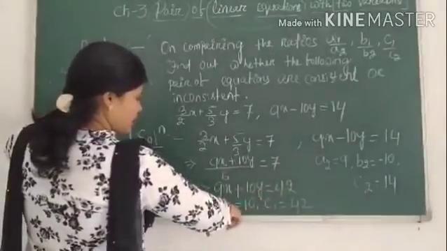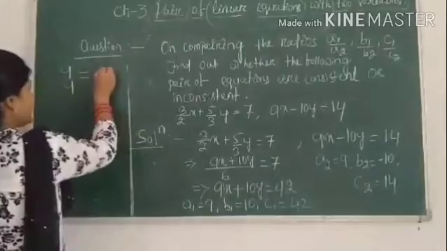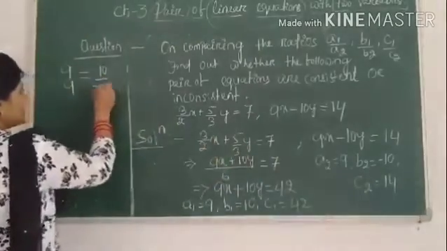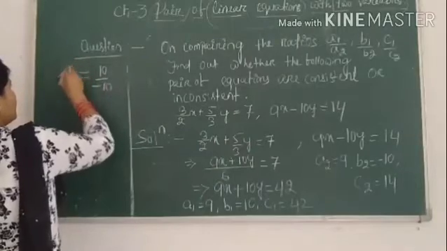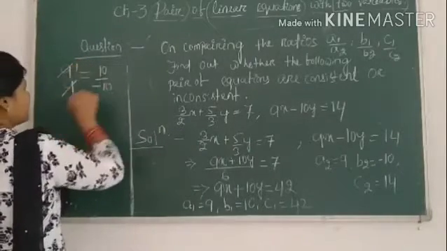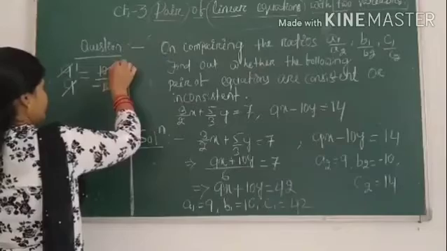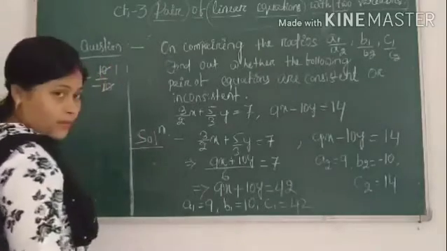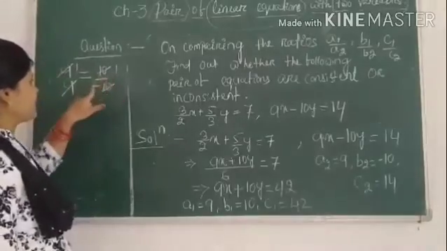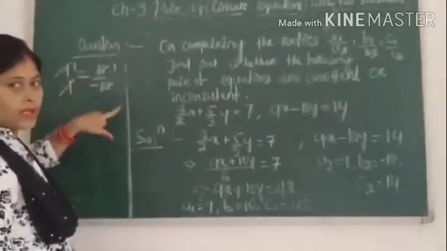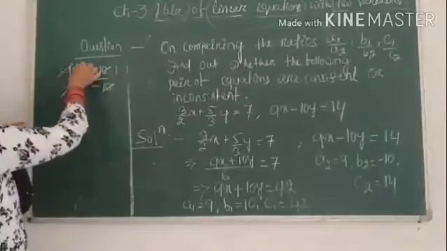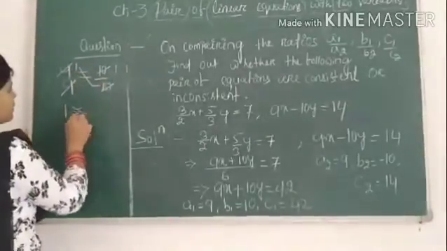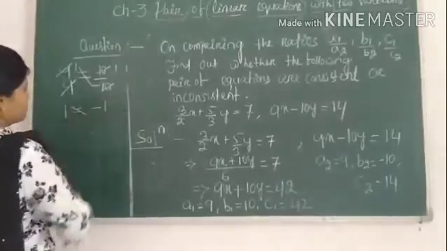So B1 is your 10 and B2 is your minus 10. So here 9 cut, only 1 will come. Here I am getting 1, but here I am getting minus 1. So are they equal? No. So here I can write 1 is not equal to minus 1.